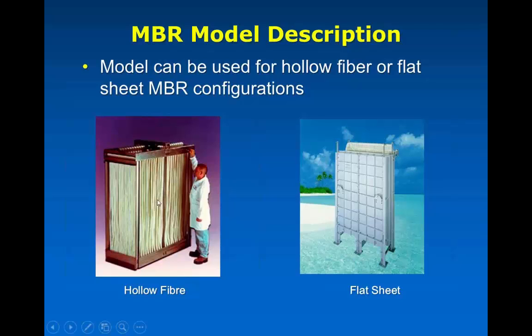So in other words, whether you're using a hollow fiber type membrane or a flat sheet type membrane, the model is going to basically be the same. It's going to act in the same way, and the amount of flow going through and the amount of solids being captured will be done the same way. Really, all the model cares about is how much total surface area do I have and what is the capture rate.